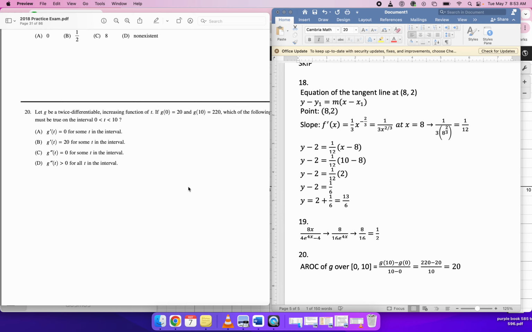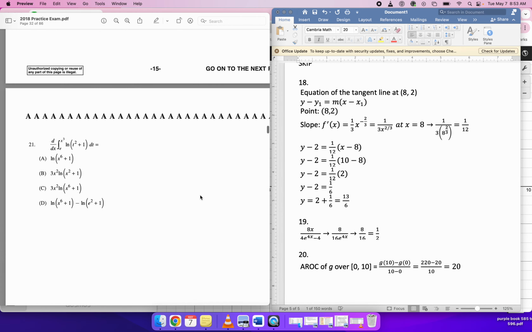I think a lot of these theorem-based questions, like questions that pertain to the mean value theorem or intermediate value theorem, you really just want to cook up an answer kind of quickly and move on. You shouldn't sit there and scratch your chin. I kind of want to make sure that the hypotheses are guaranteed here, because sometimes these can be rather tricky, but I think the answer is B.